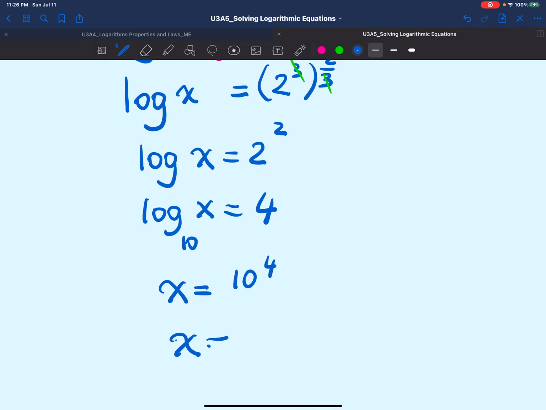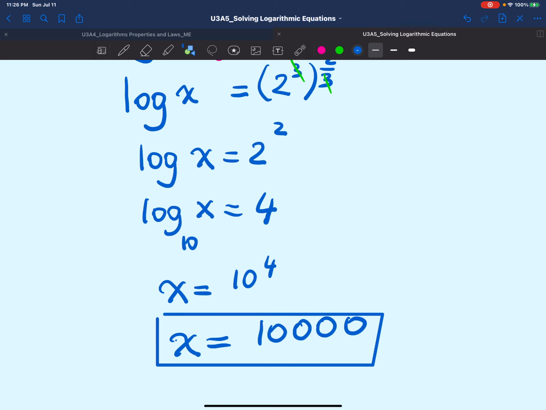So finally, we discover that x equals a 1 with 4 0s, or 10,000. And this is the end of the lesson on logarithmic equations. Obviously, you can see that there is a combination of exponential and logarithmic equations by solving them.